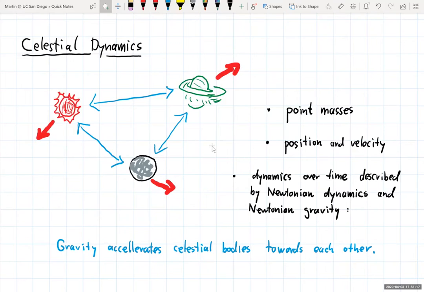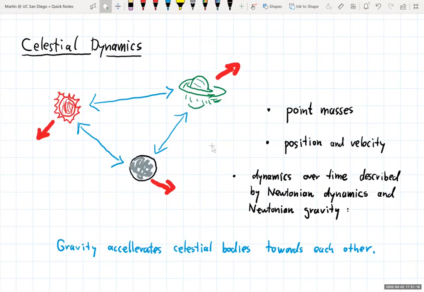So we have our celestial bodies. For example, here in this picture, we've got a star, a planet, and an asteroid. They're at certain positions, and the red arrows are supposed to be velocity vectors, which describe the direction and magnitude of their velocities. But then between these massive bodies, there are gravitational forces acting.